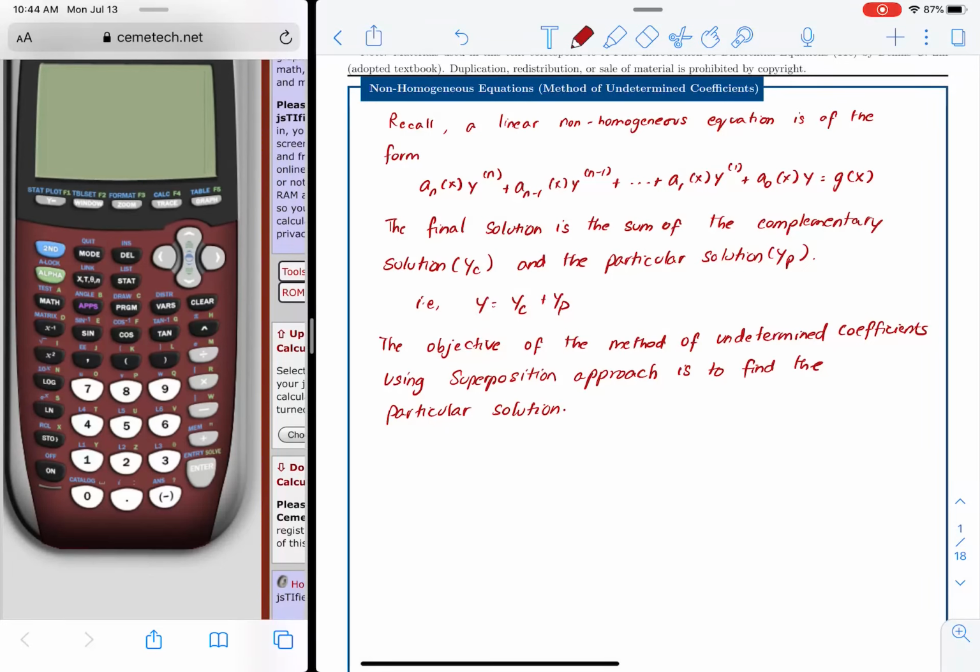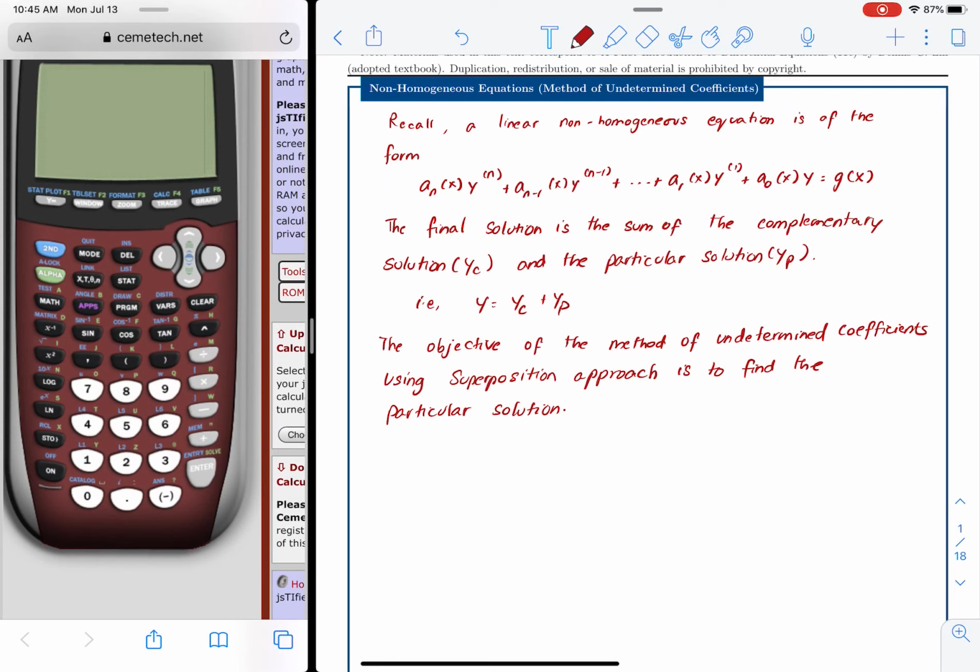We know the trick that we have used thus far. If we want to find the complementary solution, it has arbitrary constants, and we find it by treating the given non-homogeneous equation as a homogeneous equation, and we can use the method of constant coefficients with the homogeneous equation to find the complementary solution.